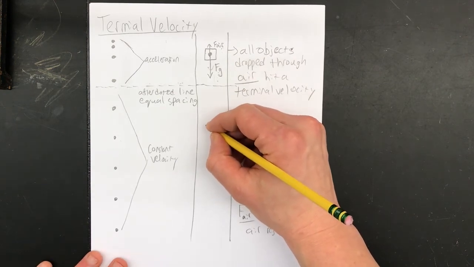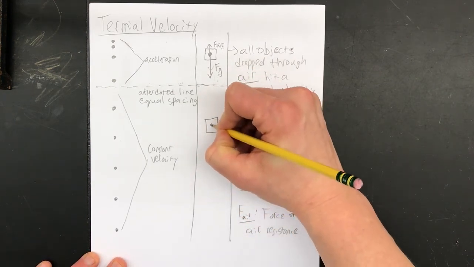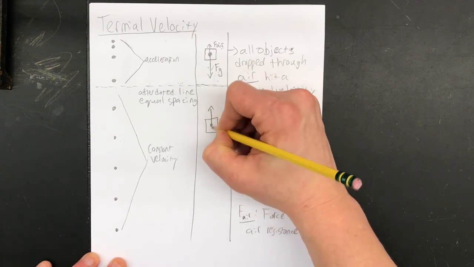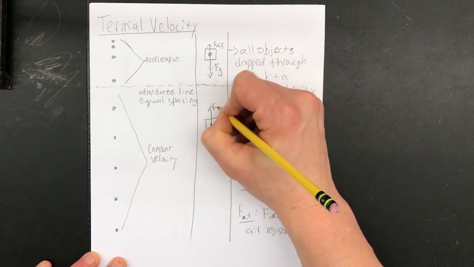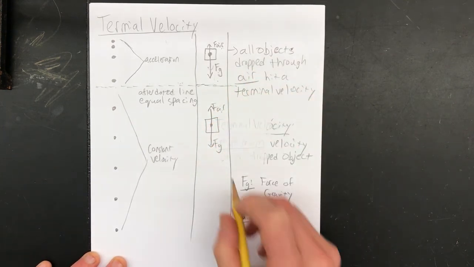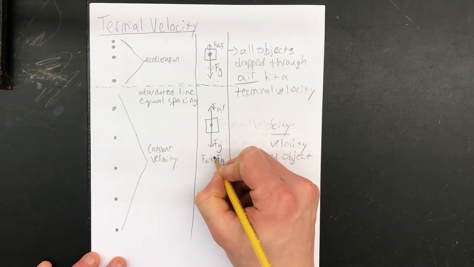And eventually, when it gets to that dotted line, for the rest of its travel, the air resistance got so strong and got to be a longer arrow that the arrows for air resistance and gravity are the same length. What does that mean? That means that the air resistance is equal to the force of gravity.